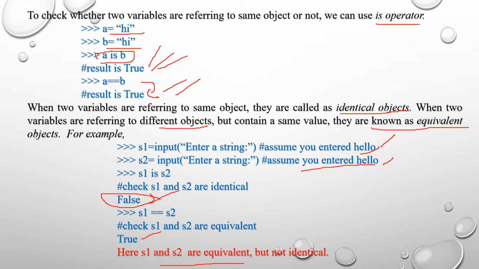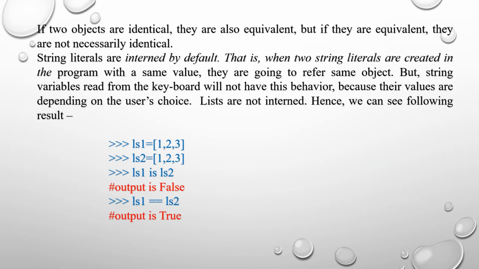In this situation, s1 is s2 gives False, and s1 double equal to s2 gives True. If two objects are identical, they are also equivalent, but if they are equivalent, they are not necessarily identical.